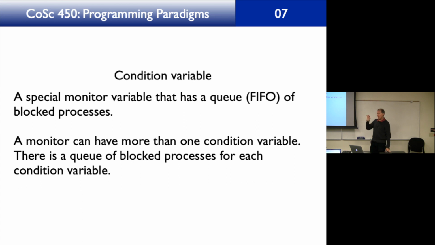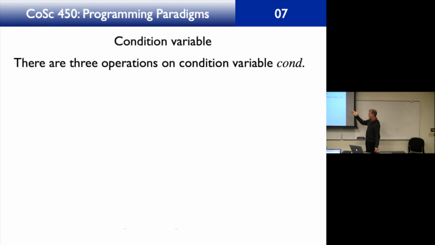If you're used to code completion, like in NetBeans, and you say my tree dot, what usually pops up? A bunch of methods that you can call. Are you with me? In the same way, there are methods that you can execute with a condition variable. And here they are.